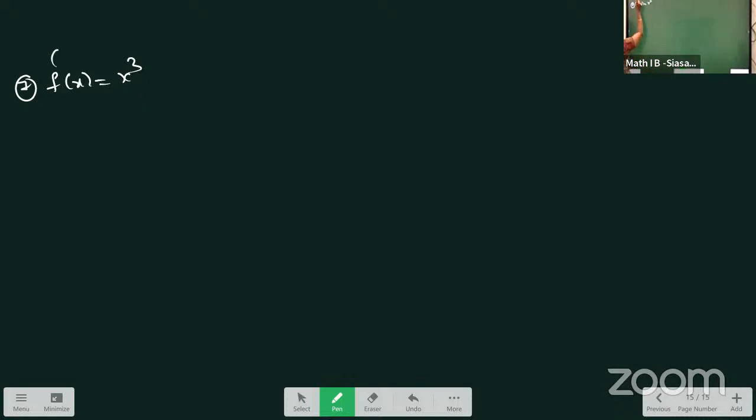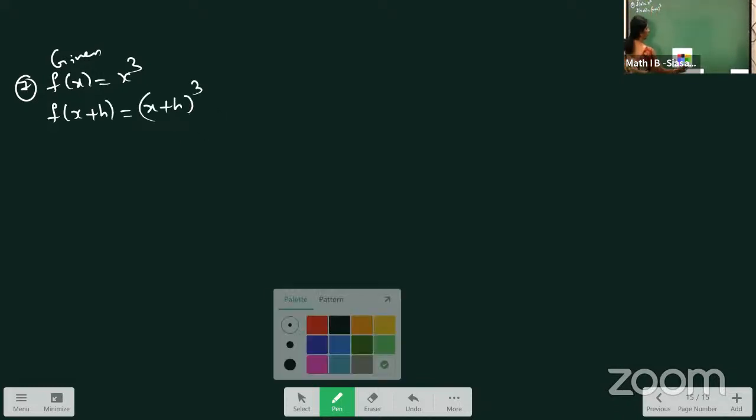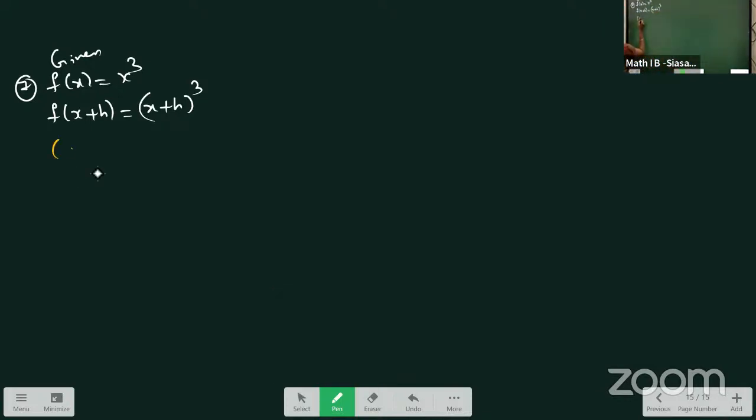This is given: f of x is equal to x cube. So immediately we have to find f of x plus h, which is x plus h whole cube. We know the a plus b whole cube formula: a cube plus b cube plus 3a square b plus 3ab square.